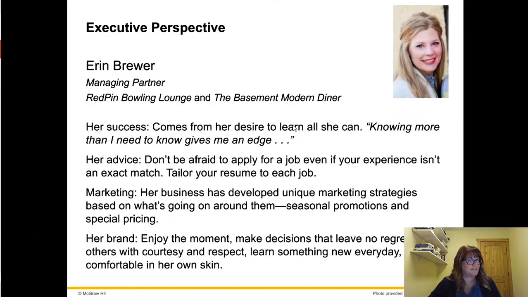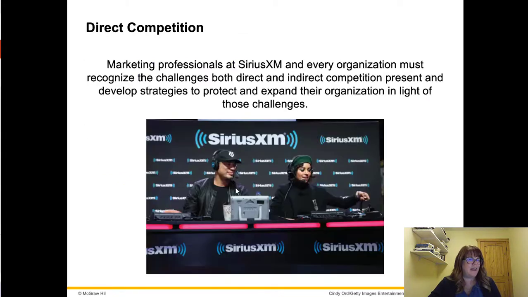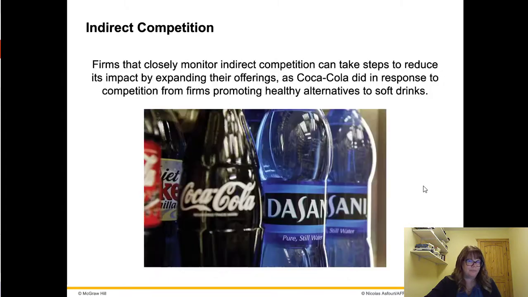Sorry, I forgot to switch the slides. So this is the one I just went over, and now I'm here. This slide just shows an example of direct competition. And this slide shows an example of indirect competition.